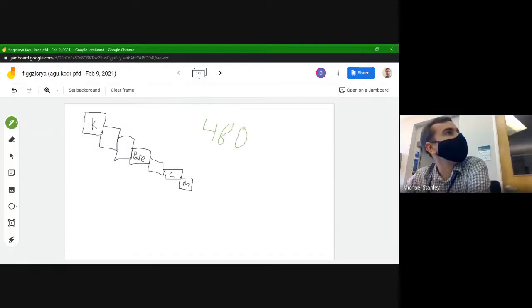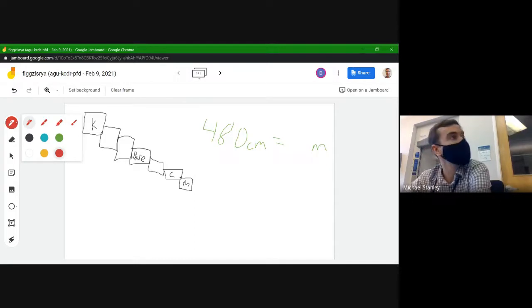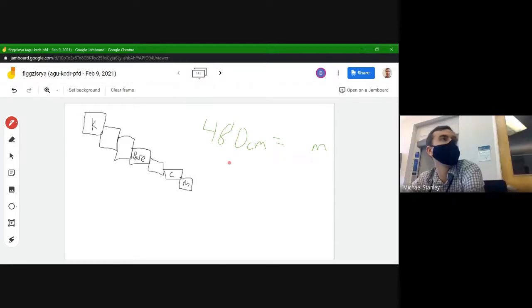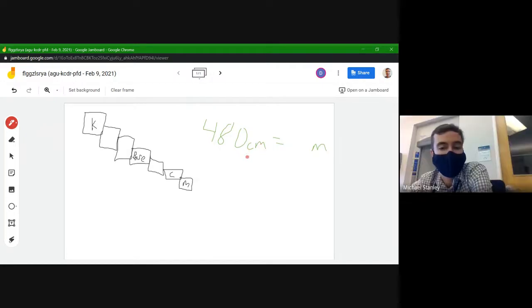So we have 480 centimeters, and I want to know what that is in meters. It will be 4,800 meters. Not quite. You're on the right track, although you might be going in the opposite direction. 4.8. Oh. So we're going from centimeters to meters.